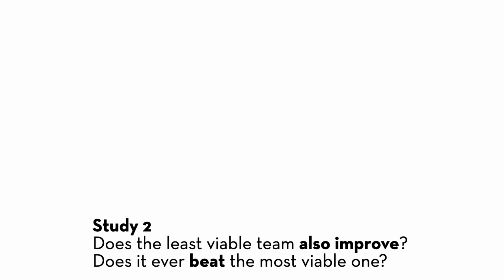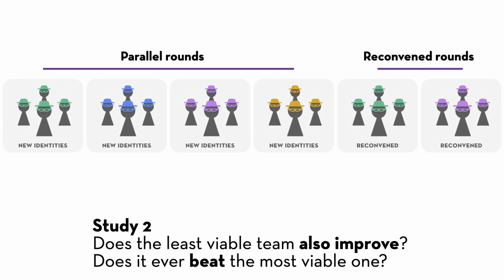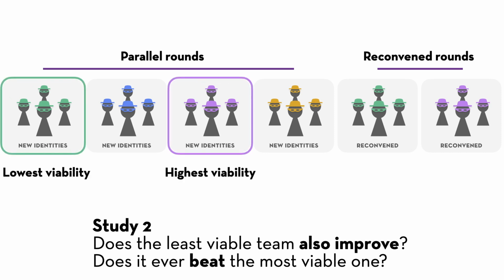Now, we can push this a little further. Does the least viable team also improve? And does it ever beat the most viable one? In other words, is doing a manipulation like this even worth it? So to look at this, we again have parallel rounds and reconvened rounds, but this time we reconvene both the lowest and the highest viability versions from those parallel rounds.